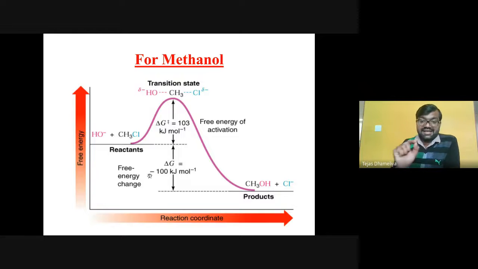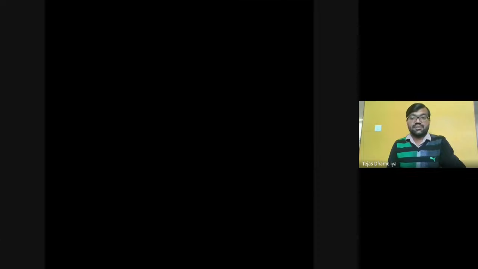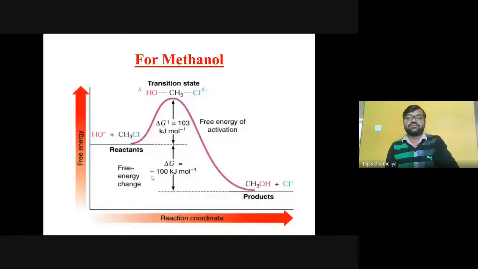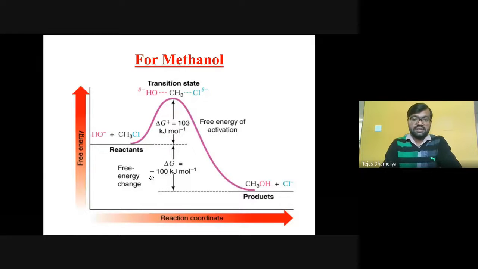This minus sign indicates this much amount of energy is released from alkyl chloride and alcohol, so that products can be formed. So free energy of activation is 103, which is plus, and this reaction energy is minus.